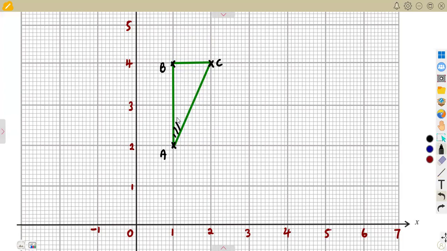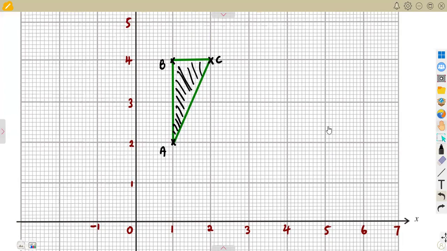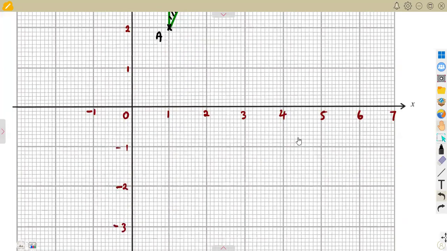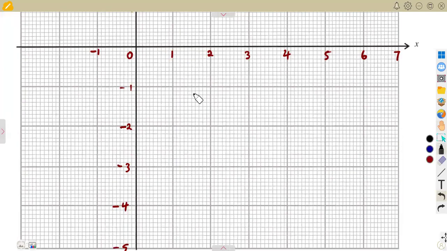So this is our triangle ABC, which is our object. And we are given the image of this triangle with its coordinates: A1 (2, -1), B1 (4, -1), and C1 (4, -2).